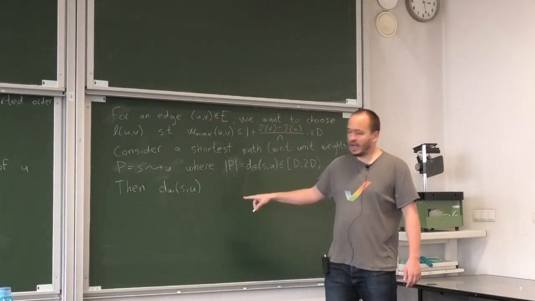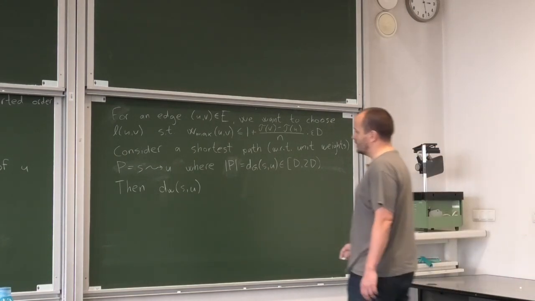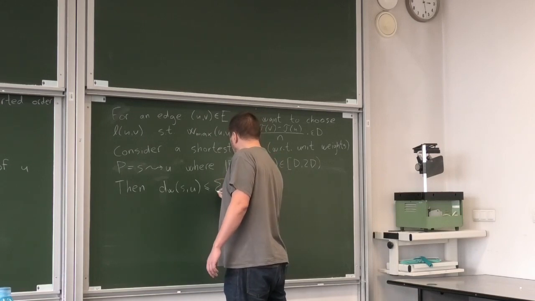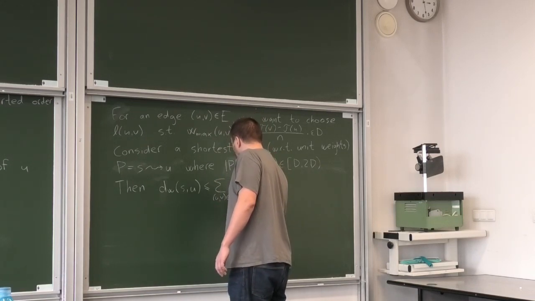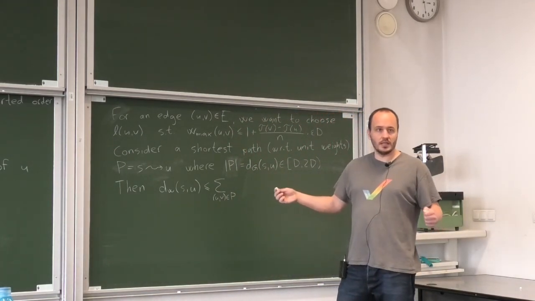This is our estimated distance, right? This is with respect to this weight function. What can we say about that? We can upper bound it by summing over all edges u comma v in P of the maximum weight that this edge can have.